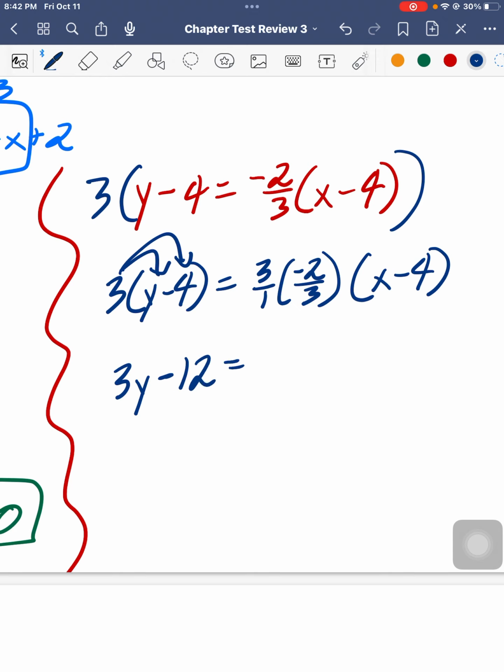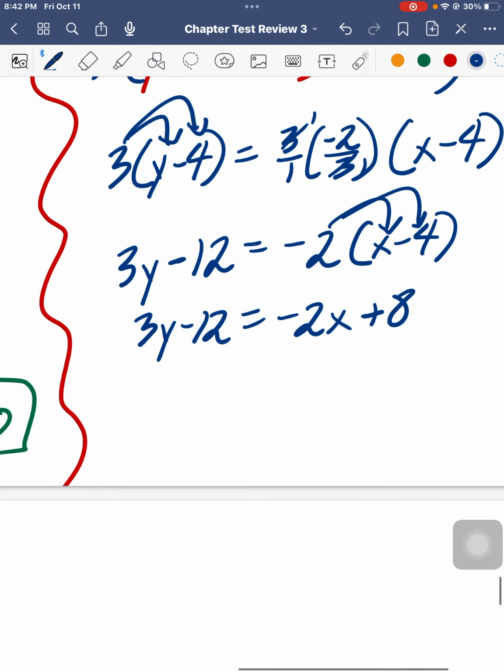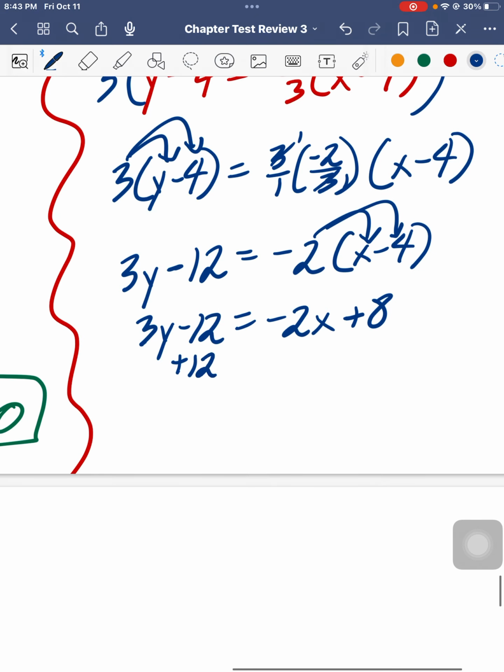So now it's going to be 3y minus 12 equals, this 3 and this 3 will cancel, and it'll give us the negative 2x minus 4. Now this side stays like that, equals negative 2x plus 8. And now I'm going to move this side over here so that I have my standard form.